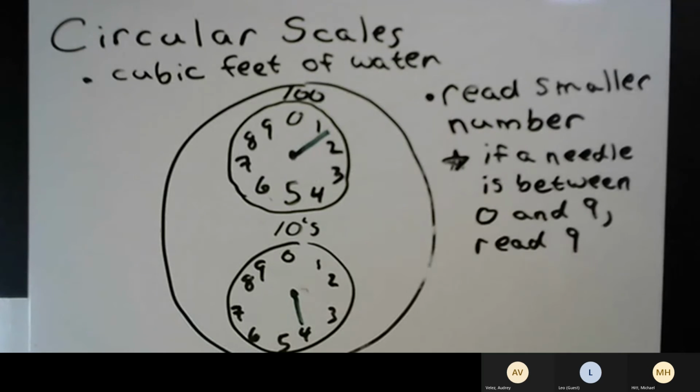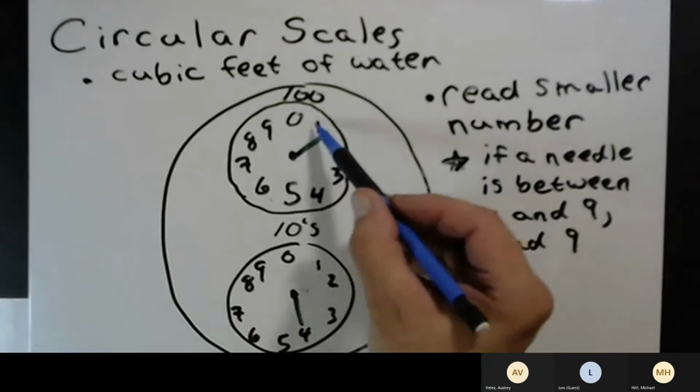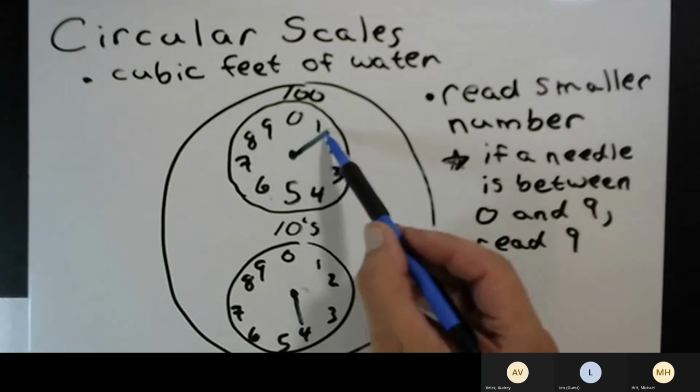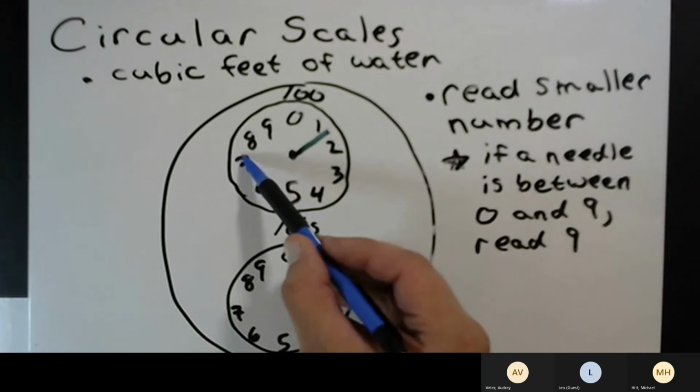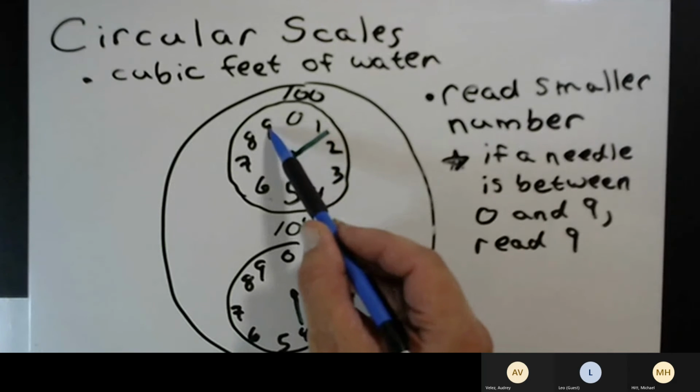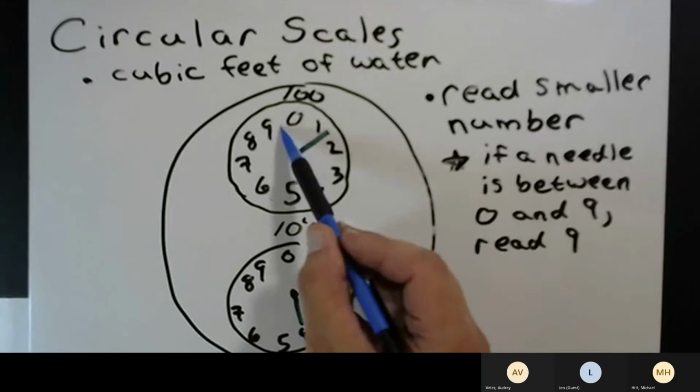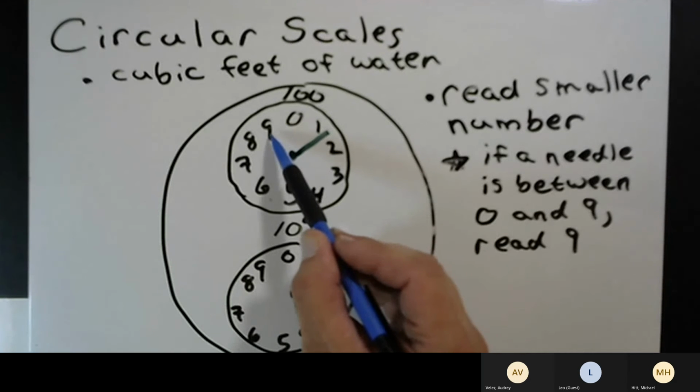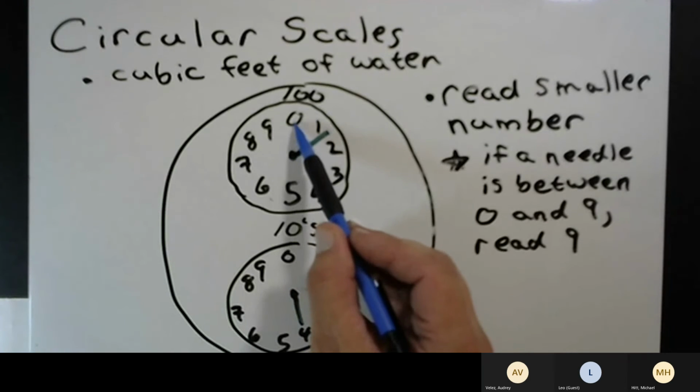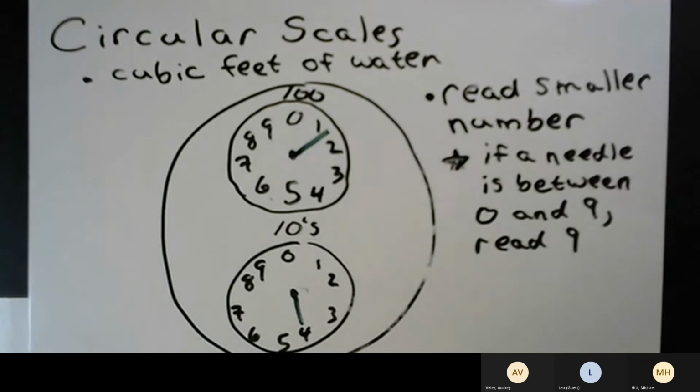This is the one exception to this rule. And the reason is this: if this thing goes around and then stops between the 9 and the 0, technically here, 9 is the smaller number. This is becoming a 10. So in this case, we treat 9 as the smaller number. It's another way of thinking of it.